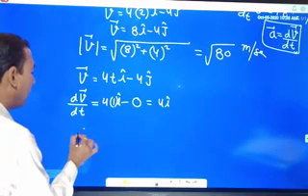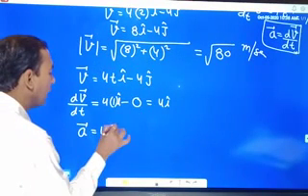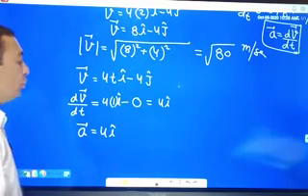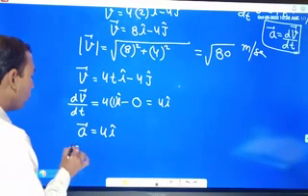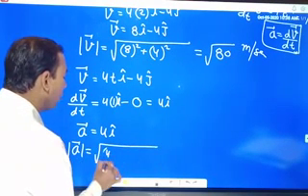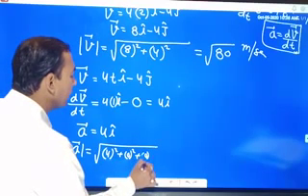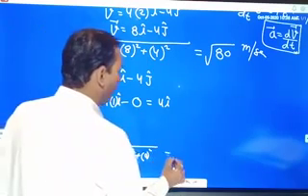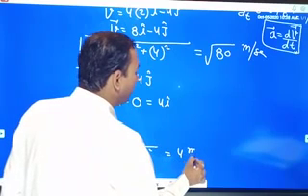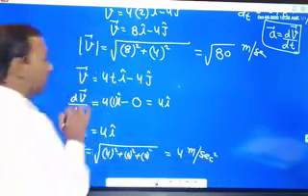So a vector equal to 4 i cap. What is the magnitude of this vector? Then a vector equal to under root 4 square plus 0 square plus 0 square, means 4 meter per second square is the acceleration.